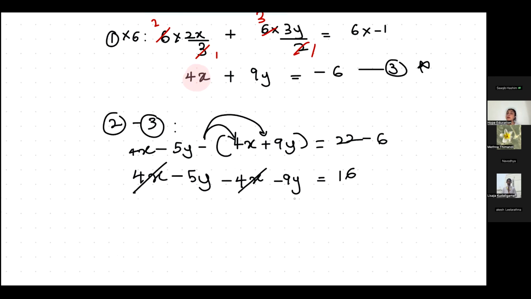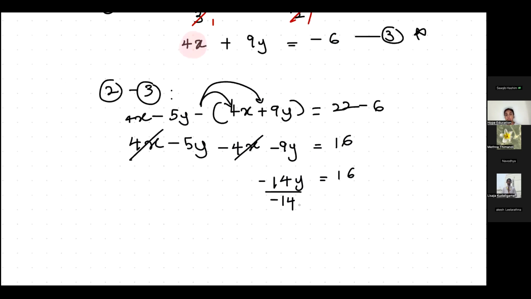So minus 5y minus 9y, what do we get? Minus 14y equals 16. Then both sides I divide by minus 14 actually. So y equals, let's see, 2 times 7, 2 times 8. We get minus 8 over 7. Up to that point, is it clear?